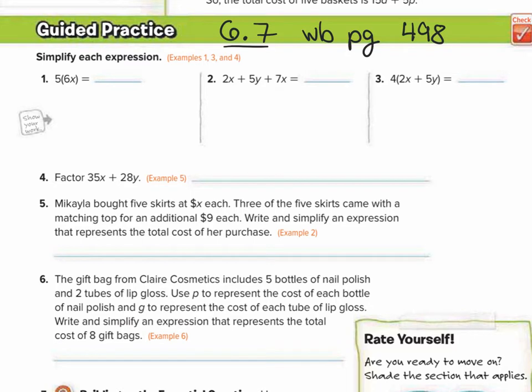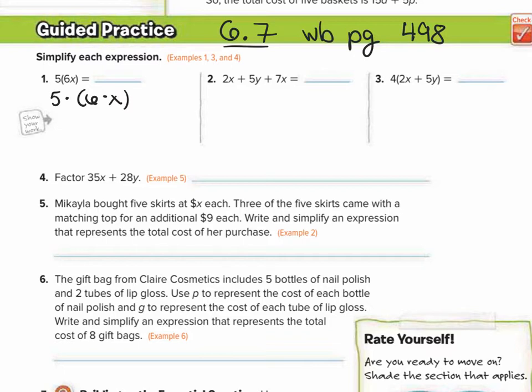Now we're on workbook page 498, and we're going to practice simplifying expressions. You can multiply something with a variable with something without a variable. For example, number 1 is 5 times 6x. This means 5 times 6 times x.